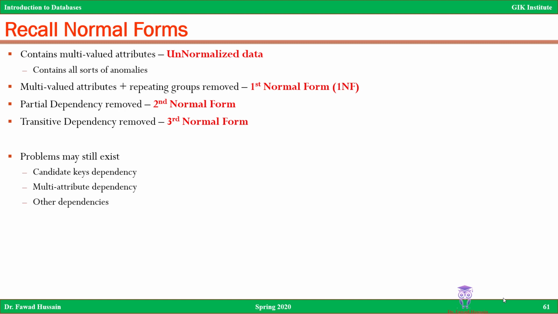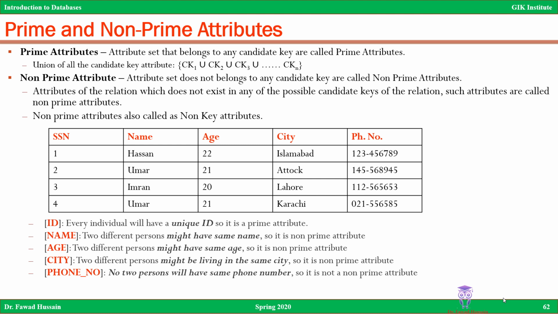We'll look at what is a candidate key, and we have studied it, but we'll just look at it in the next slide as well. And then we have other problems related to multi-attribute dependency, and there are other dependencies as well, which will form the fifth normal form.